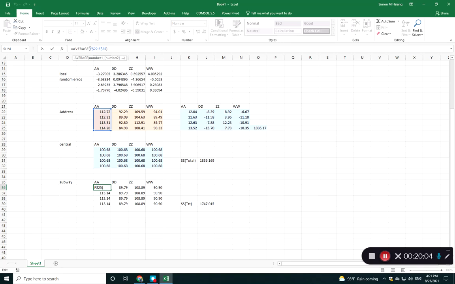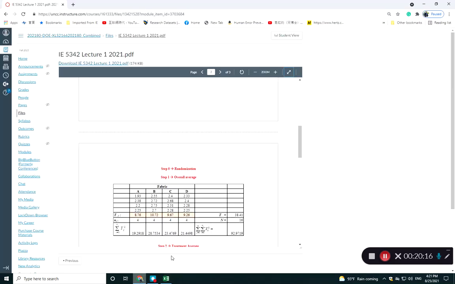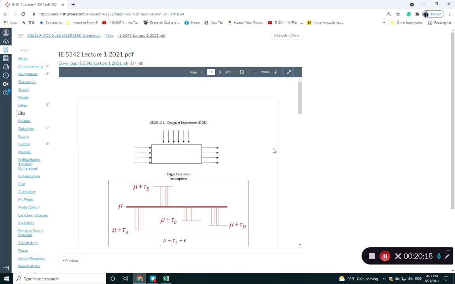The average of those four, right? So the average of everything, the average of local. Okay, so let me go back to this guy. The overall, the subway, same. See that? Okay.